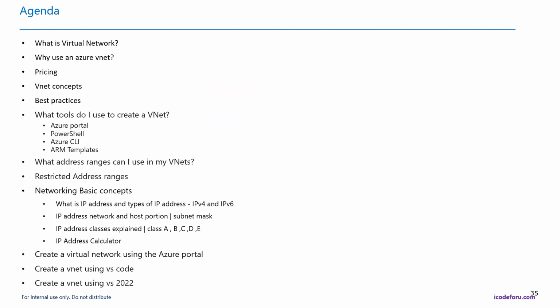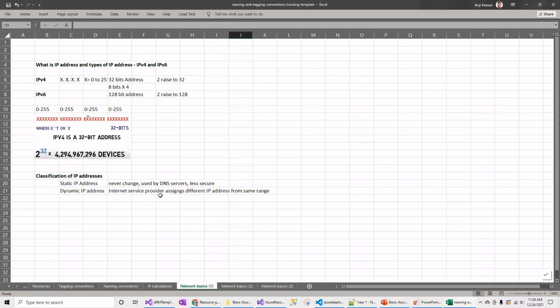So we talked about what is restricted. Now let's try to understand some of the basic network concepts before you jump into creating the virtual network, like what is an IP address and the types of IP addresses. I've created a separate document on the IP address. Think of when you are trying to access any device, your phone or your desktop or your laptop, each device will have a unique IP address assigned to it.